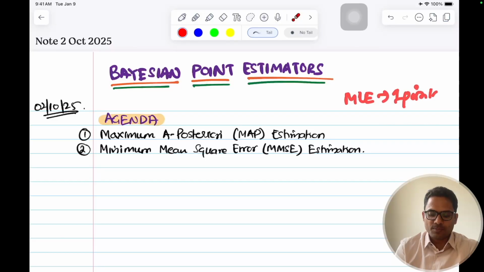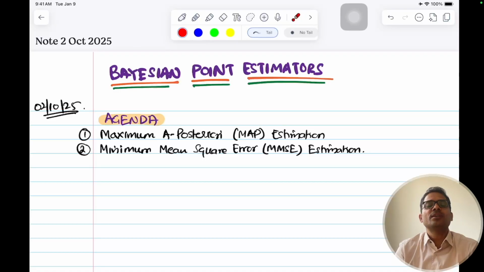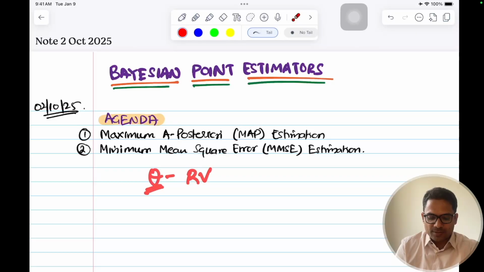The parameter was unknown, but it was fixed. So the parameter theta was fixed according to MLE. And in the Bayesian approach, we considered that theta itself is a random variable. The parameters of the model are not fixed, but they follow a probability distribution.